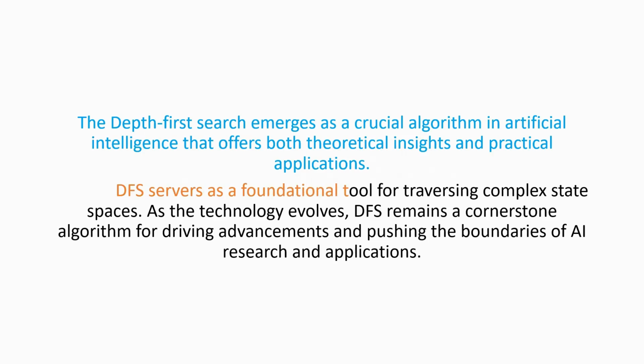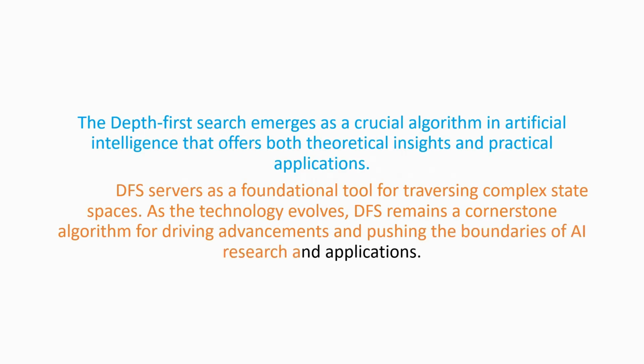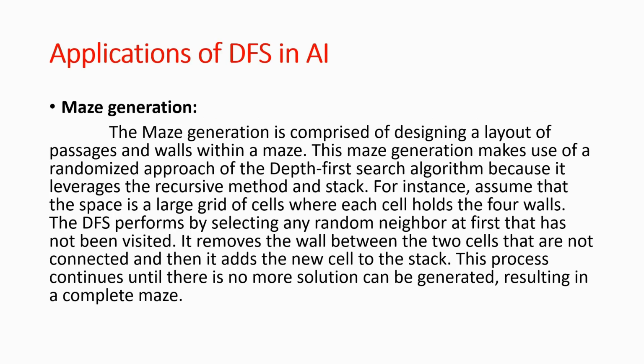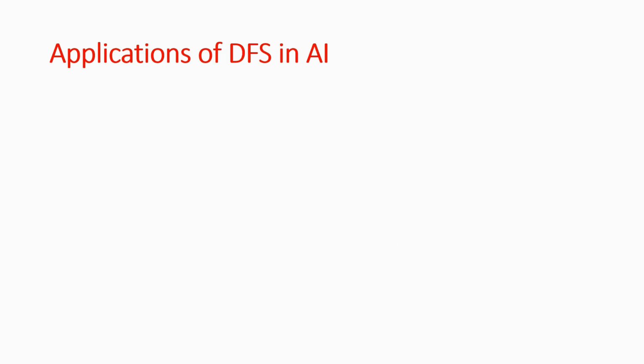DFS serves as a foundational tool for traversing complex spaces. As technology evolves, DFS remains a cornerstone algorithm, driving advancement and pushing the boundaries of AI research and applications. In the previous maze generation, the steps are start, pick a random neighbor, remove the wall and push to the stack, then backtracking. These are the steps we use in applications using DFS.